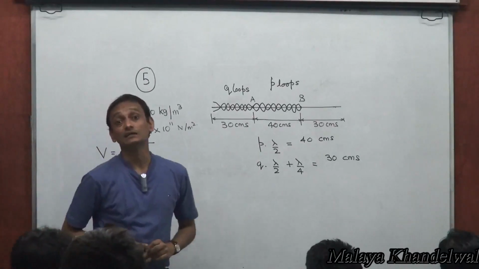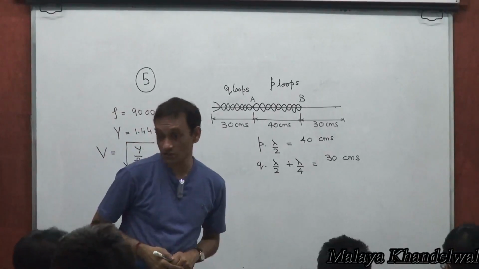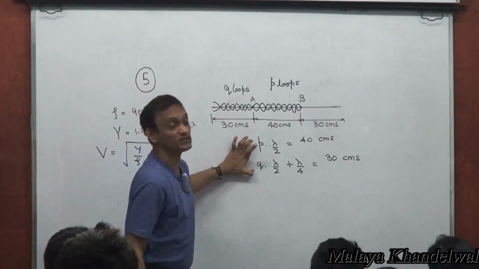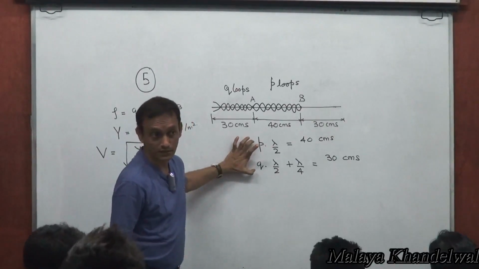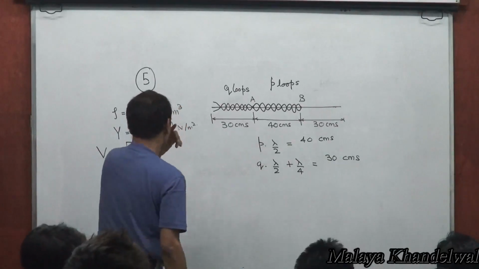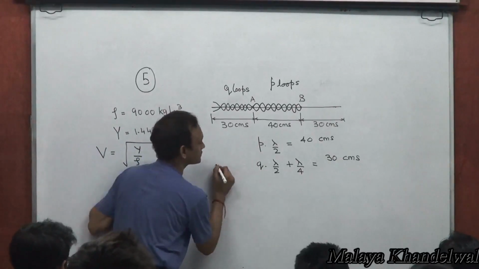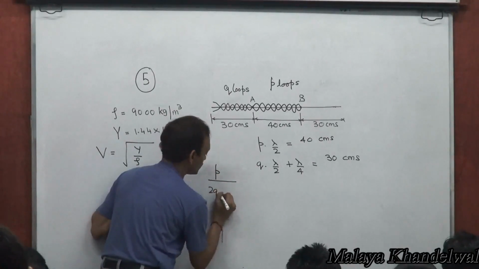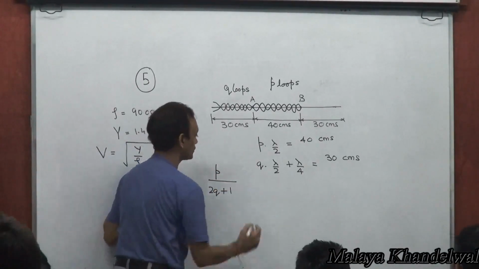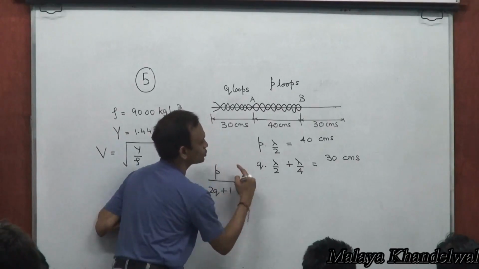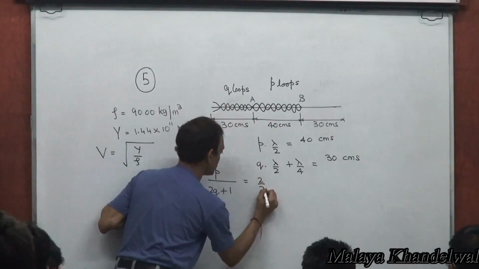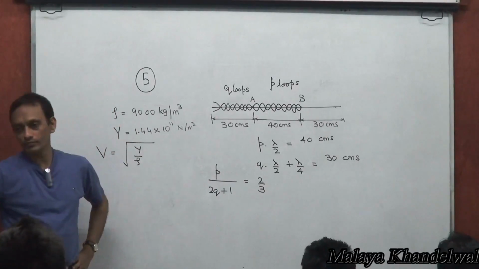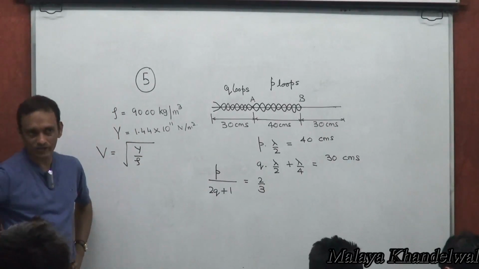P and Q are positive integers, right? We want to find the smallest P and the smallest Q that will be commensurate with this condition. If I divide, I have P by (2Q plus 1), 4 by 2, so 2 by 3. P by (2Q plus 1) is 2 by 3, right?